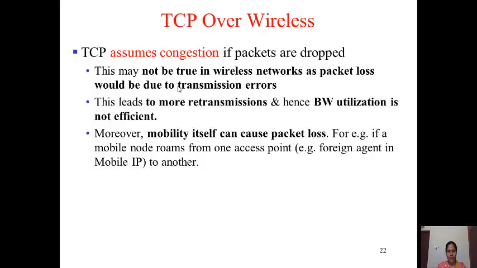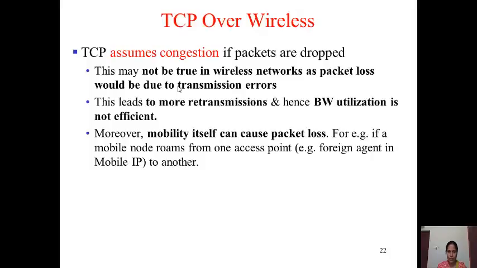Anytime a packet is dropped, TCP thinks it is because of congestion, but this may not be true in a wireless network, because a wireless network may experience packet loss because of errors that could happen in the medium while transmission takes place in open air, right? Generally, whenever there is a packet drop, we go for retransmission. But when we do more retransmission, we are not utilizing the bandwidth in an efficient manner.